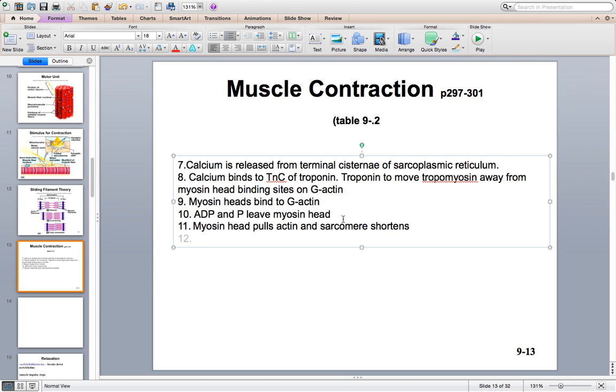Okay. Once it's pulled it, it's stuck there. It can't move, and it won't move until a new ATP attaches to the myosin head, and that causes the myosin head to be released from G-actin.